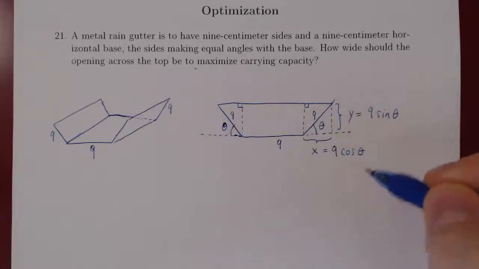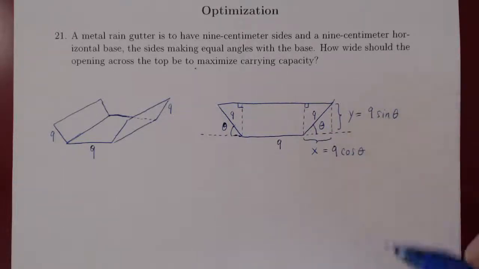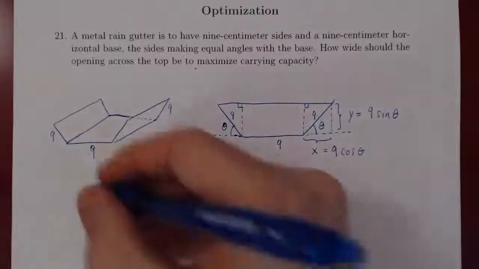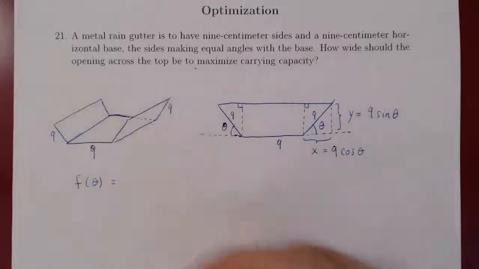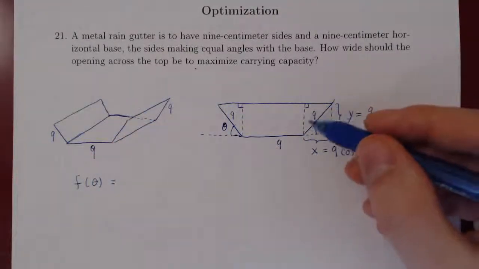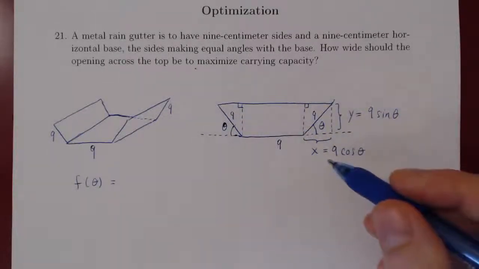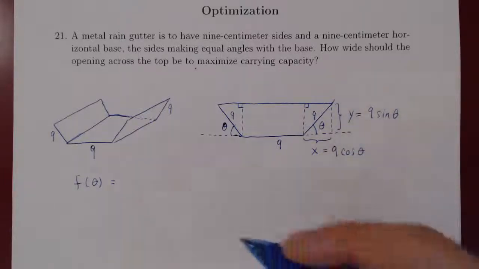So it will be 9 cos theta times 9 sin theta, which is 81 sin theta cos theta. We'll call this function, say, f of theta. It is a function of the angle at the base. So the area of the triangle plus this one is the area of this rectangle, which is simply, as we've said before, this times this, 81 sin theta cos theta.